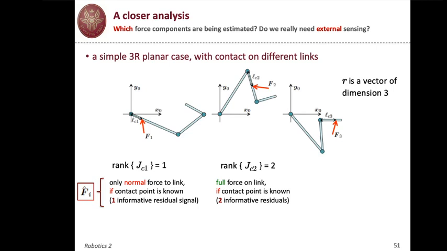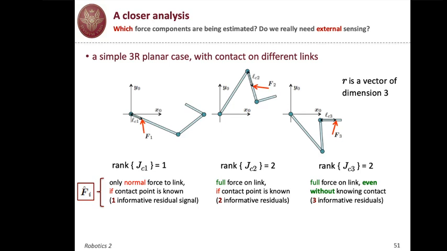But this is the generic case. Now, the surprising fact probably is the third one, when you're hitting on the third link. Now, the rank of the Jacobian cannot increase because the Jacobian is always a 2 by 3 matrix. So we have again maximum full rank equal to 2.